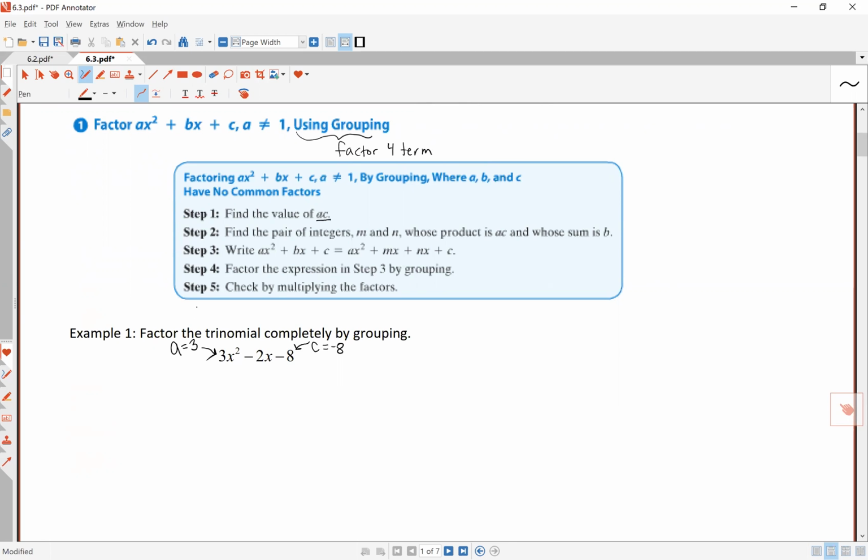So if we took A times C, it would have just been -8. But in these problems, it's all about the product of two numbers that is A times C. A times C is 3 times -8, which is -24. We want two numbers whose product is -24 and whose sum is equal to B.